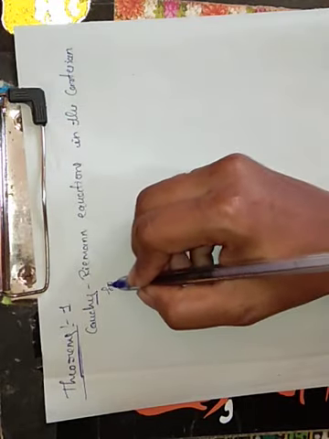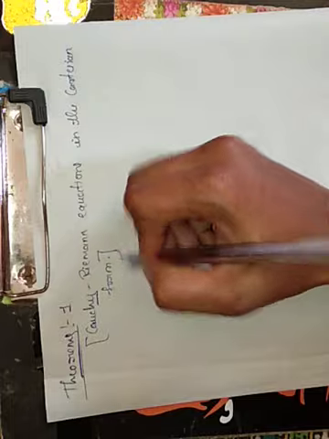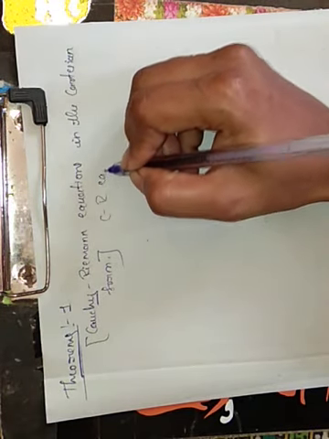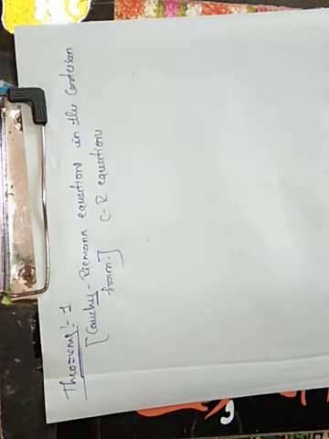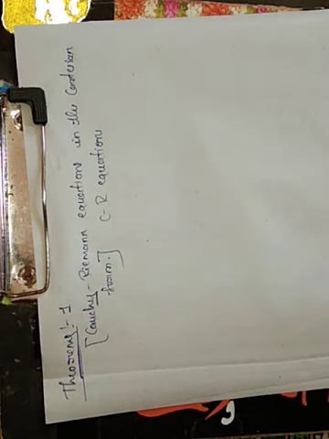We will also see the same derivation in the polar form. But first we discuss the Cauchy-Riemann equations in the Cartesian form. We can also call them the CR equations, CR being nothing but Cauchy-Riemann.